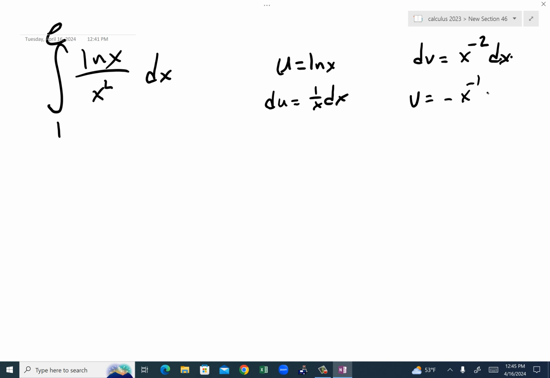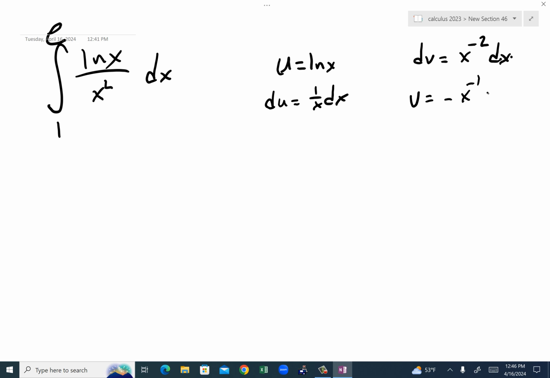So that would equal x to the negative second. And then you just figure out x to the negative 2 is already there. So it'd be minus 1 over x.